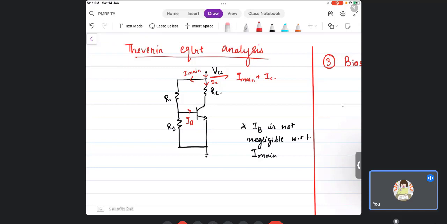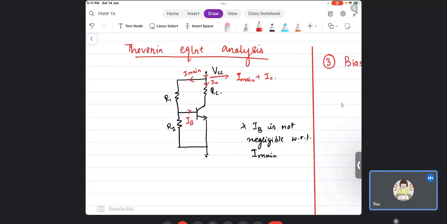Okay, so now when this IB is not negligible, then remember these two resistors R1 and R2, are they in parallel or in series? They are neither in parallel nor in series. Remember in the last question you had assumed IB to be negligible and therefore you could take R1 and R2 in series.